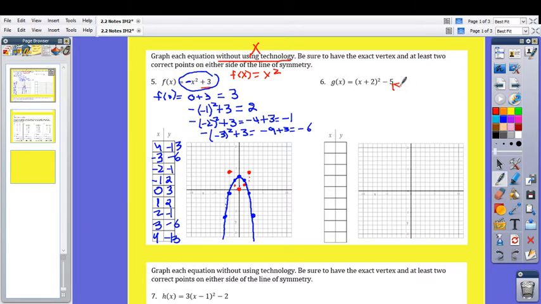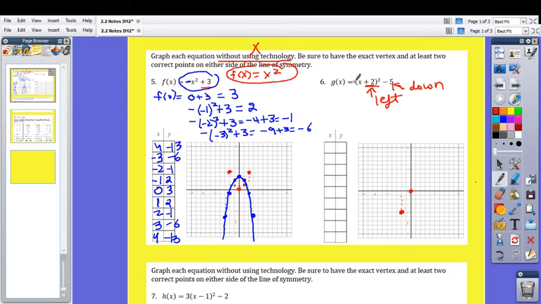Okay, so takeaway 5 is moving it down, and then this plus 2, because it's inside the parentheses, is taking it to the left. Okay, so my original y equals x squared is at 0, 0, but I'm moving 2 to the left, so here, and then 5 down. So 1, 2, 3, 4, 5. This will be my vertex for this one.